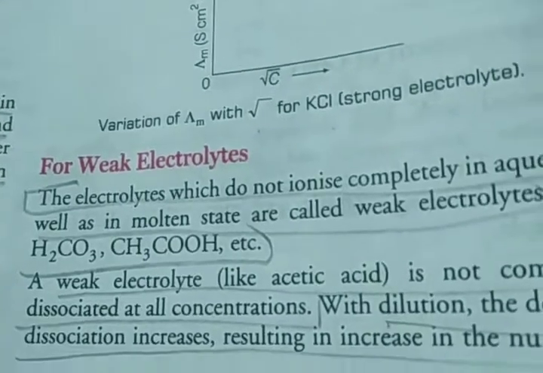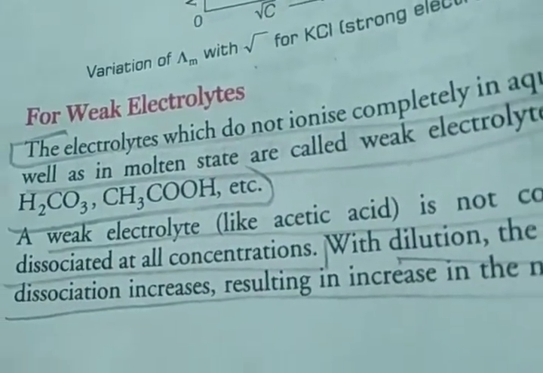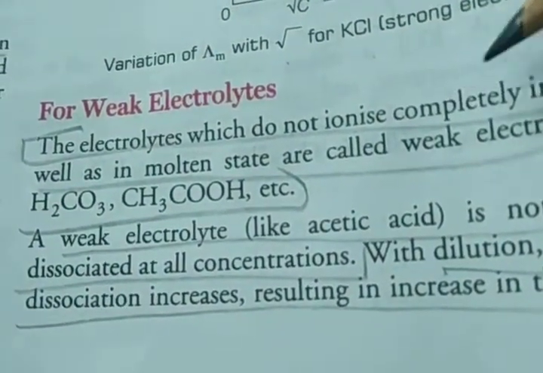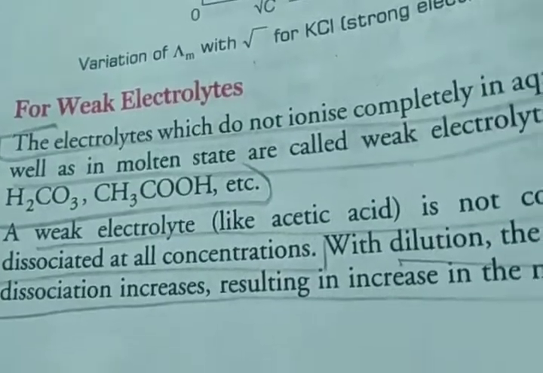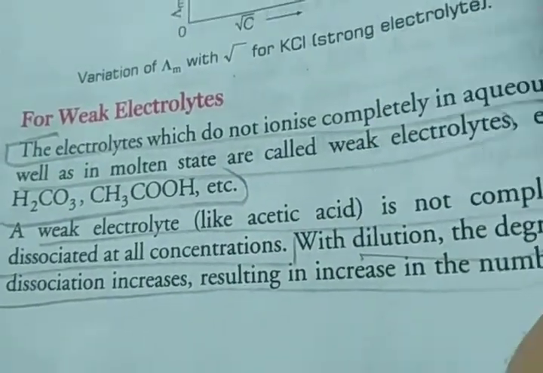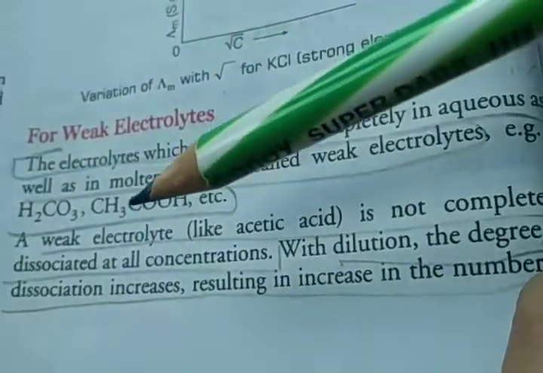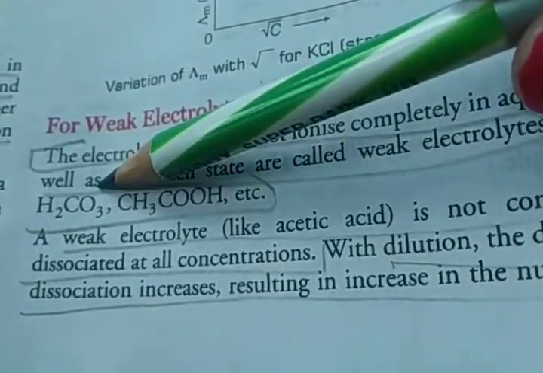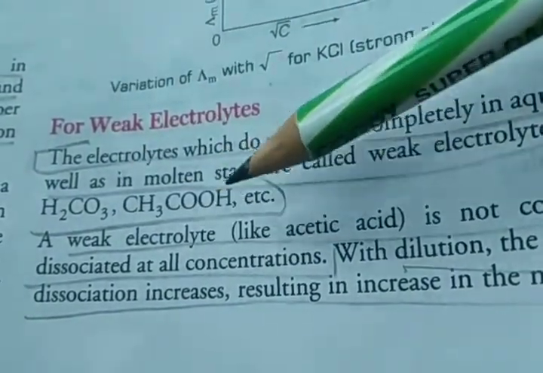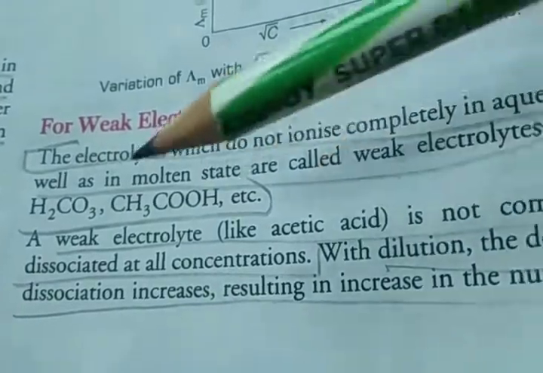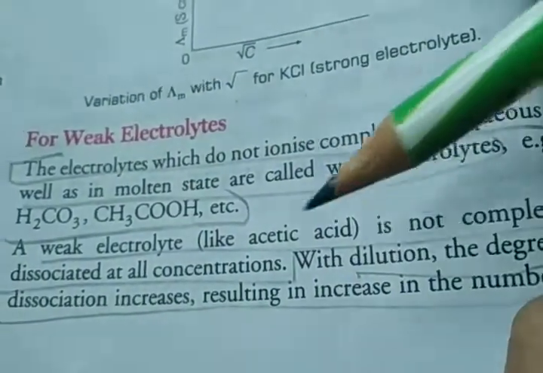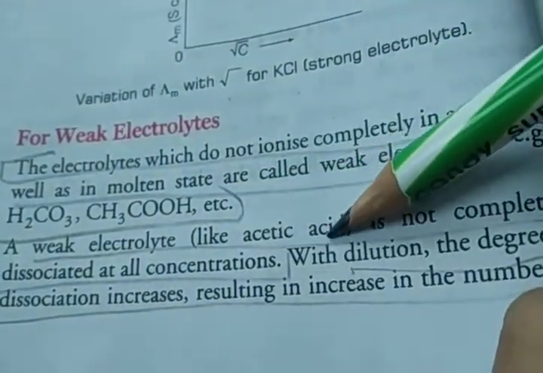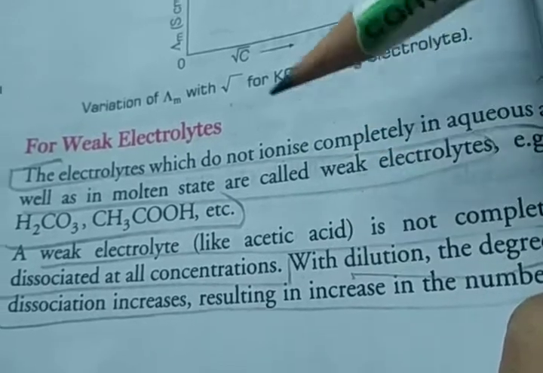Then second, the weak electrolyte. The electrolyte which does not ionize completely, even in the molten state, is called a weak electrolyte. Examples are carbonic acid H2CO3 and acetic acid CH3COOH. A weak electrolyte is not completely dissociated at any concentration.